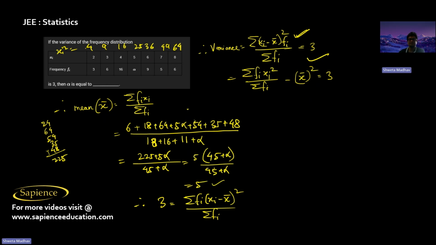It's 5 only. The mean is independent of alpha.